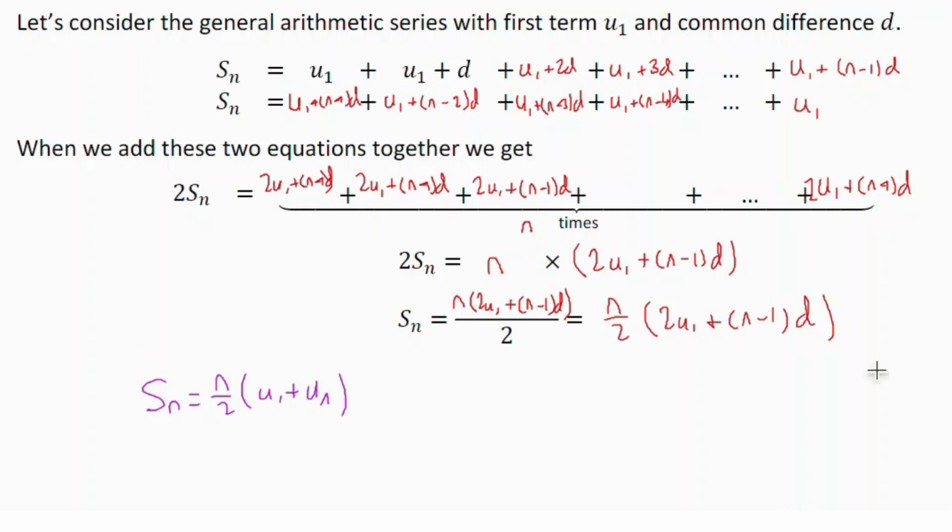And we can actually deduce this one from that one, because this is n over 2 times u1 plus un, but un, we know from before, is u1 plus n minus 1d, using the general form for un, which simplifies to the same thing, n over 2 times two lots of u1, plus n minus 1 times by d.